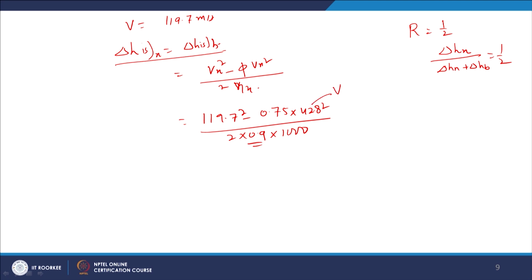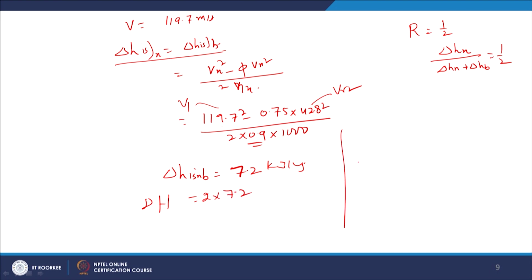And 42.8 is the velocity VR2, and 119.7 is the velocity V1, right. So this is V1 square minus VR2 square, and from here we get delta H blade equal to 7.2 kilojoules per kg. So total delta H is going to be 2 times 7.2.